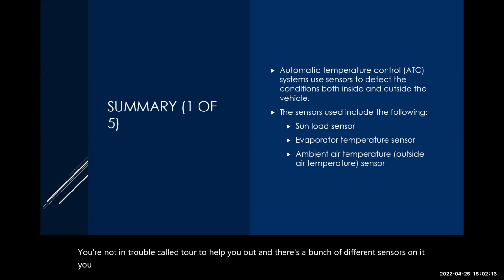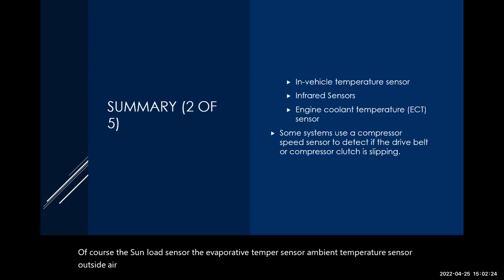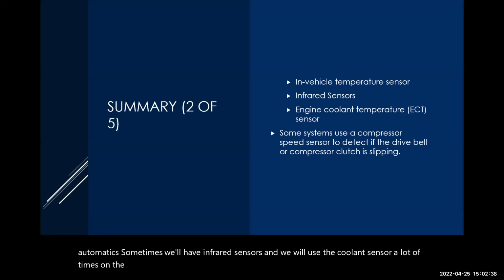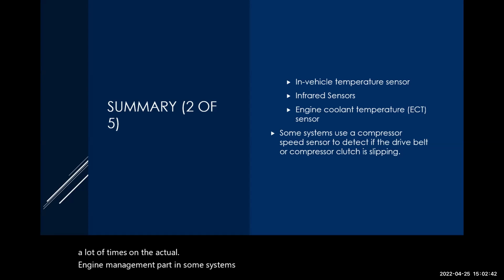Of course, the sun load sensor, the evaporator temperature sensor, ambient temperature sensor, outside air temperature. We can have an in-vehicle temperature sensor, especially on the automatics. Sometimes we'll have infrared sensors, and we will use the coolant sensor a lot of times on the actual engine management part. And some systems use a compressor speed sensor.